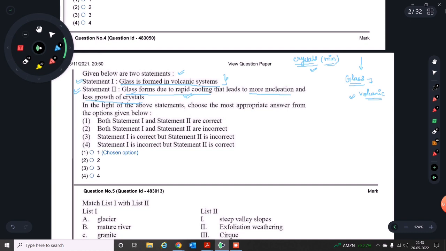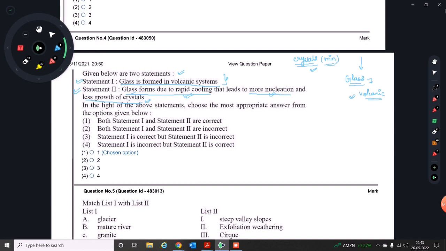If there is slow cooling, you will have proper crystal growth. But due to rapid cooling, there is more nucleation and less growth of crystals. In rapid cooling, you have very little growth of crystals or none at all, and a lot more nucleation.